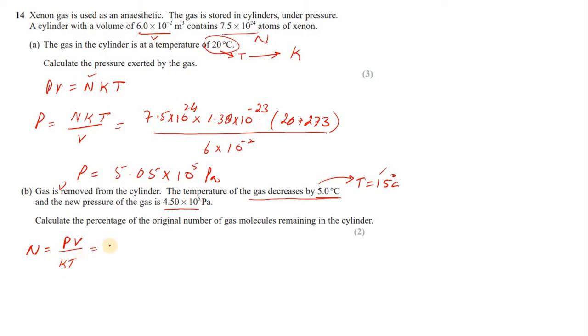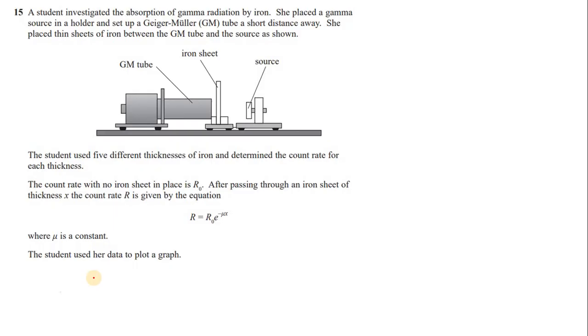P is the new pressure, 4.5 into 10 to the power 5, into volume, because the container is the same, so volume will be the same. 6 into 10 to the power minus 2, divided by k, Boltzmann constant 1.38 into 10 to the power minus 23, into temperature. T is absolute temperature, which is not 5 degrees, it is 15 degrees. This T would be 15 plus 273.